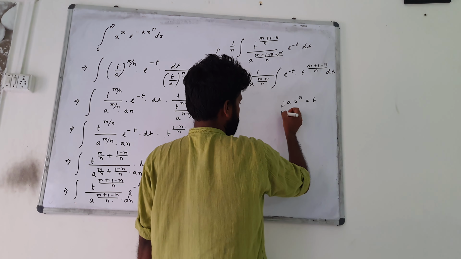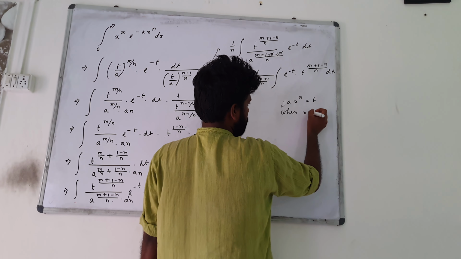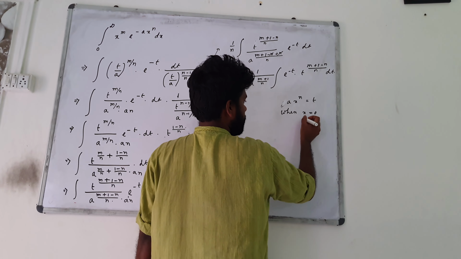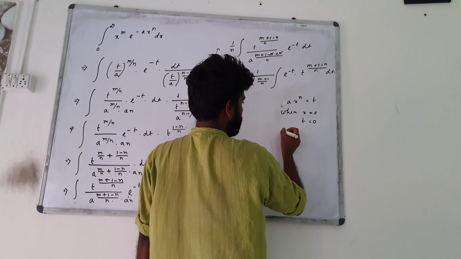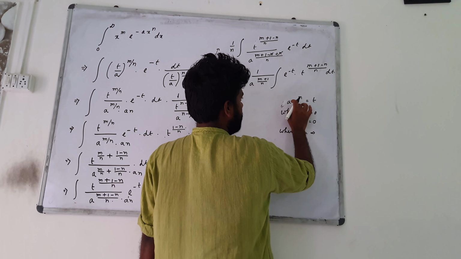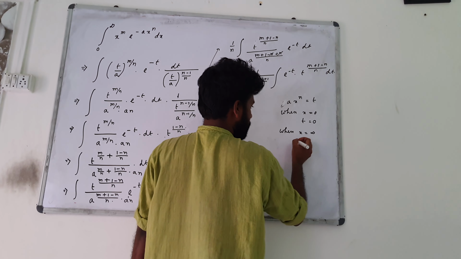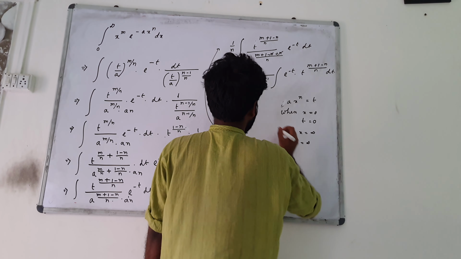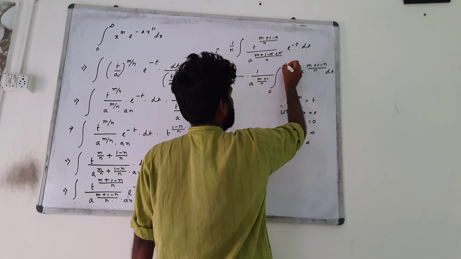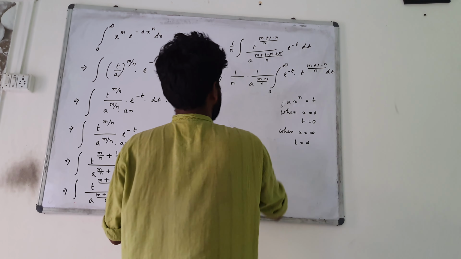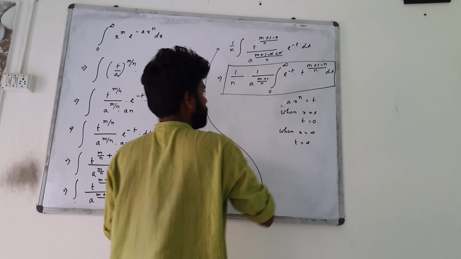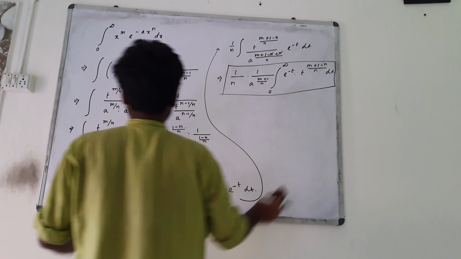So when x equals 0, then 0 to the power n is 0, so t equals 0, and when x equals infinite, so infinite to the power n is infinite, so t is infinite. The limit will be the same, 0 to infinite. So it is a final form to evaluate the integral.